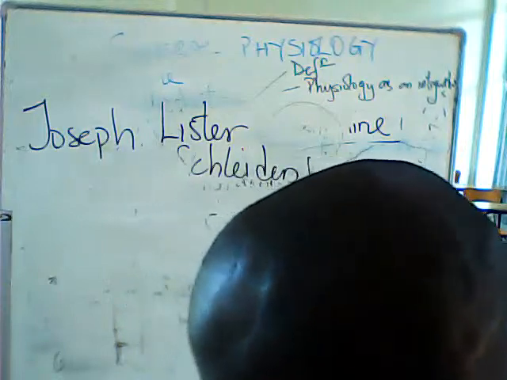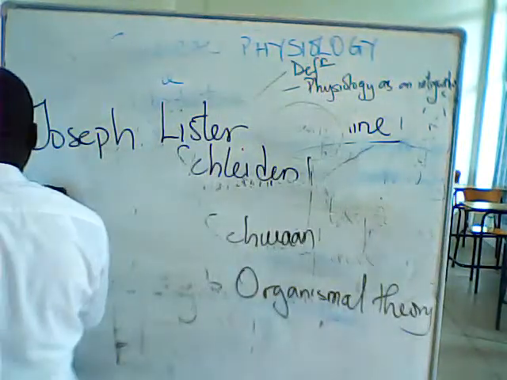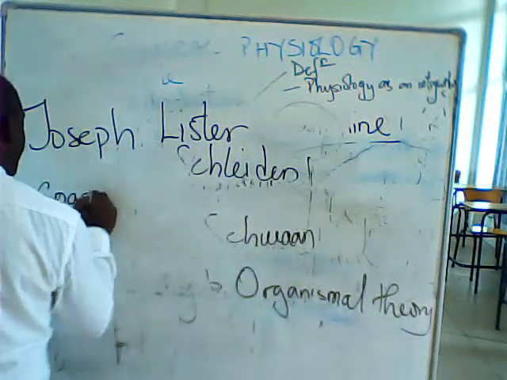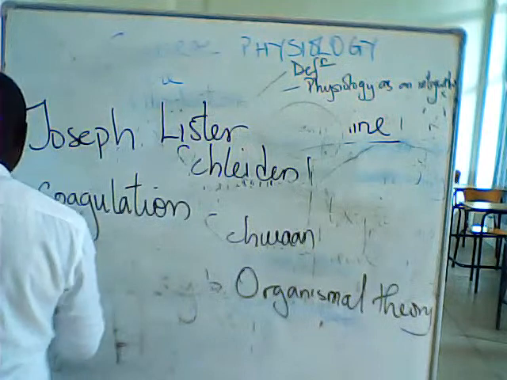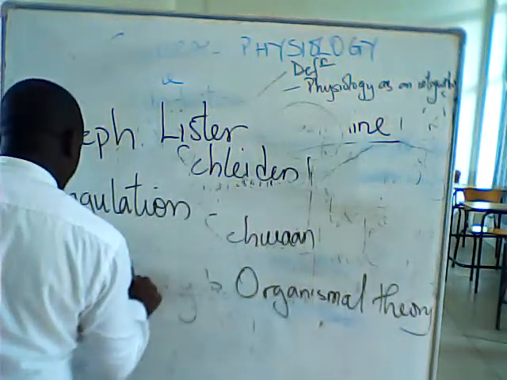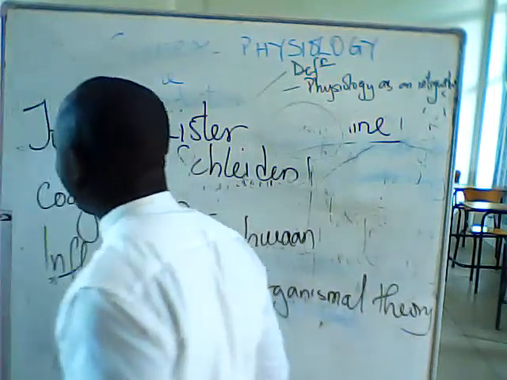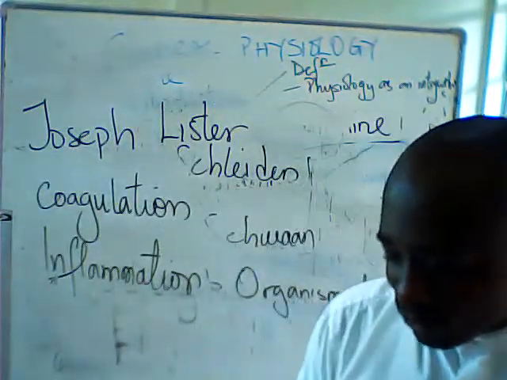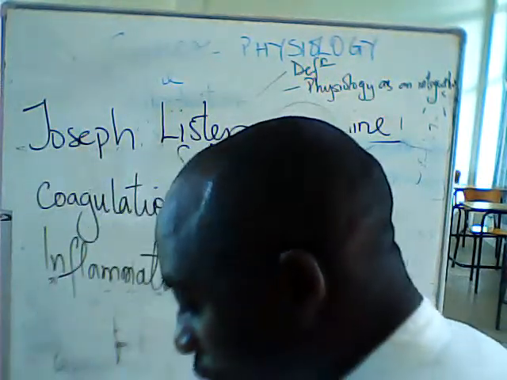So Joseph Lister, okay, initially studied coagulation and inflammation. So he studied what? Coagulation and what? And inflammation. Have you heard of blood clotting? That's coagulation, okay? So he initially studied coagulation and inflammation following injury.